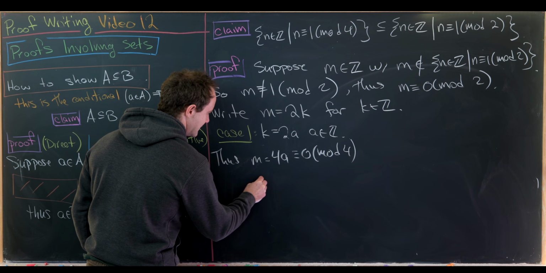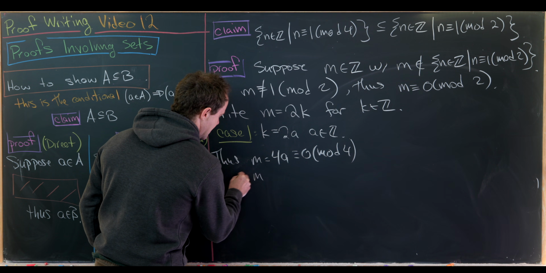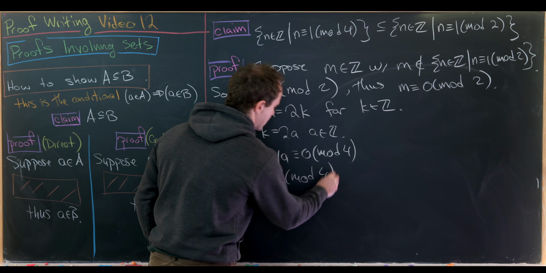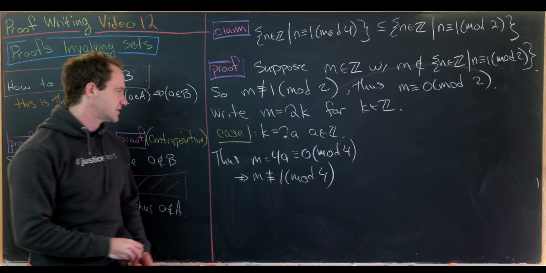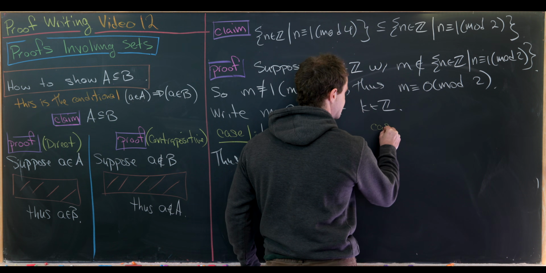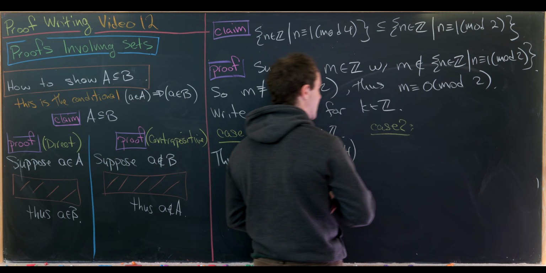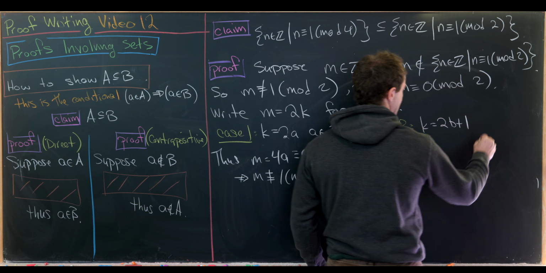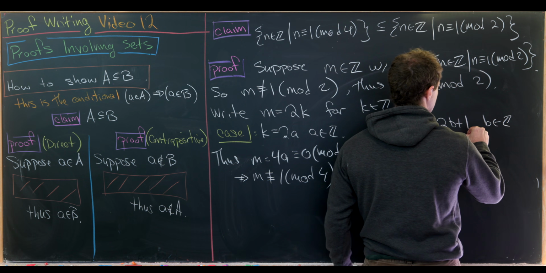But that means that m is not congruent to 1 mod 4. Great. And now let's look at case 2, which is the case where k is odd. But if k is odd, we can write k as 2 times b plus 1 for some integer b.